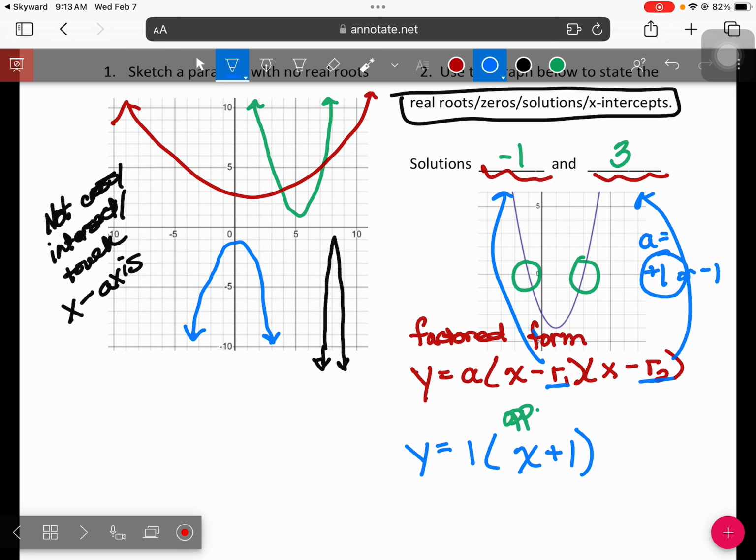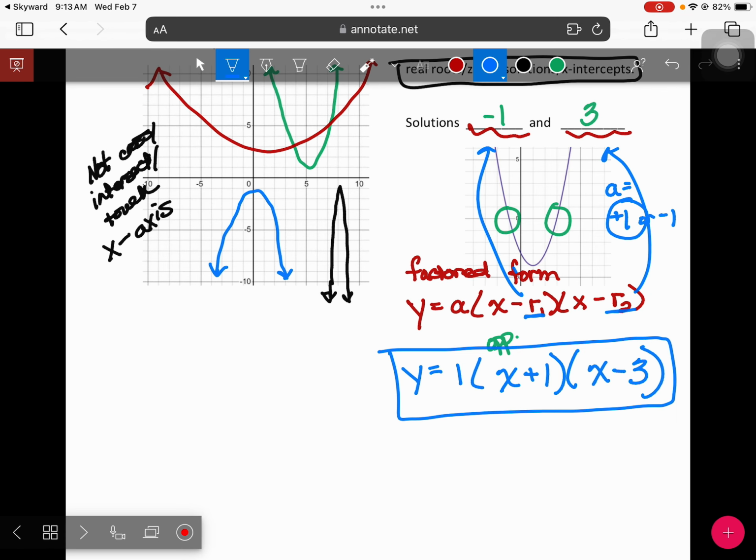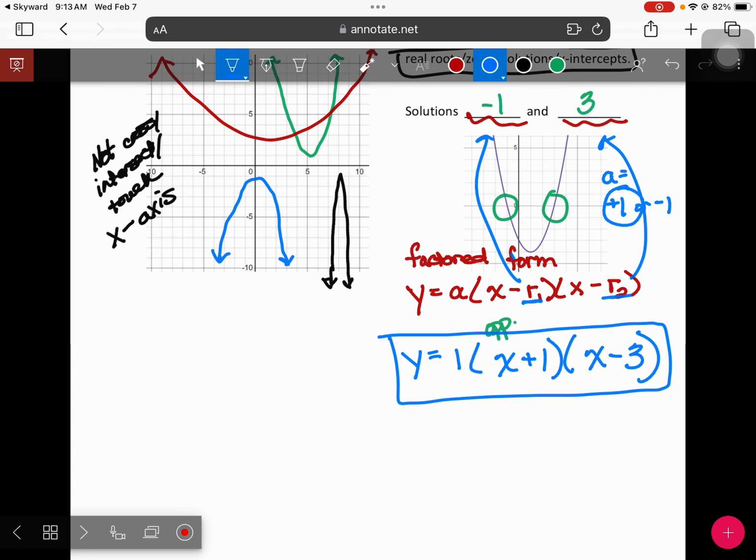Or what looks like a -1 is now a +1. And I say x minus r2, that is 3, so x minus 3. So this right here is factored form, okay? This is factored form.